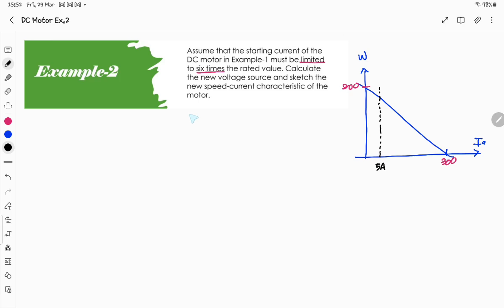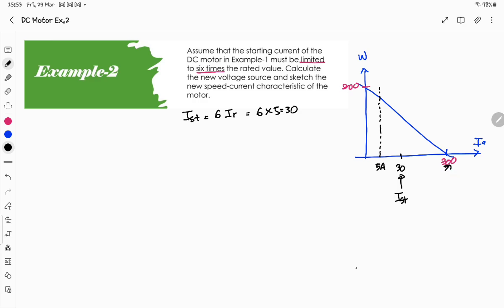So now your Ist must be 6 times I rated. So it's 6 times 5 equals 30. So maybe your 30 is around here. Now this should be your Ist instead of this one. We need to have this new starting current.